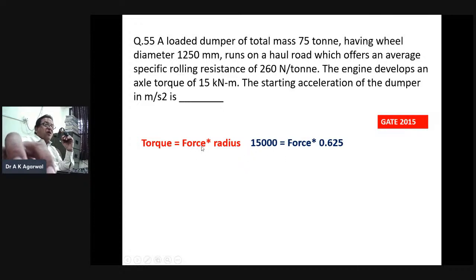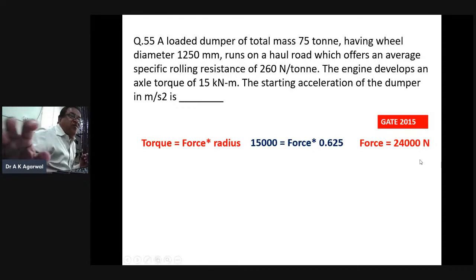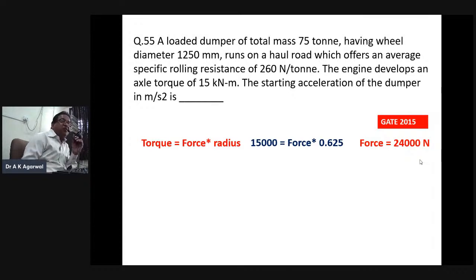Force is what we have to determine, and the wheel diameter is 1250 millimeter or 1.25 meter, and radius will be 0.625 meter. So force into radius is equal to torque. So force developed by the dumper is 24,000 Newton.